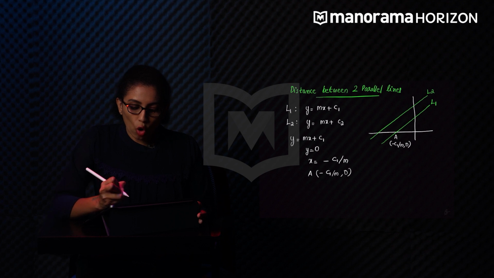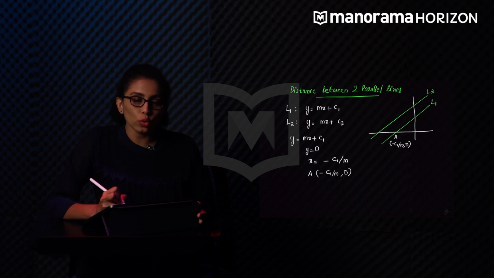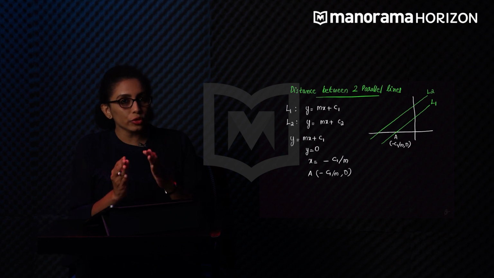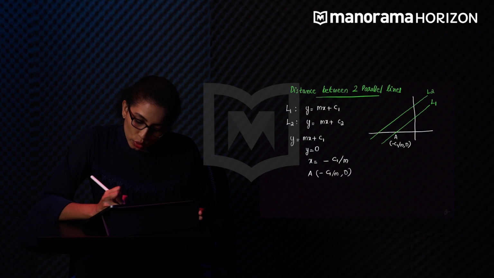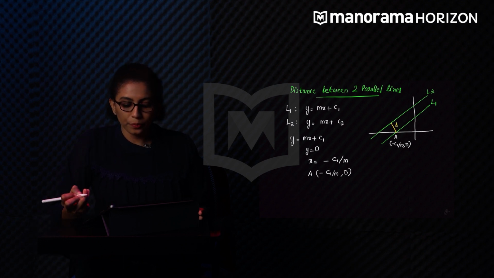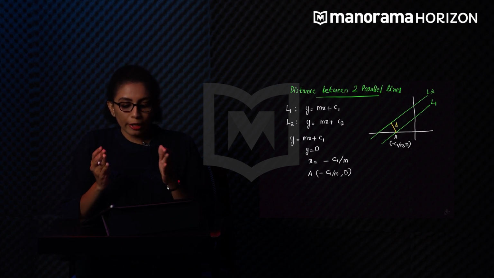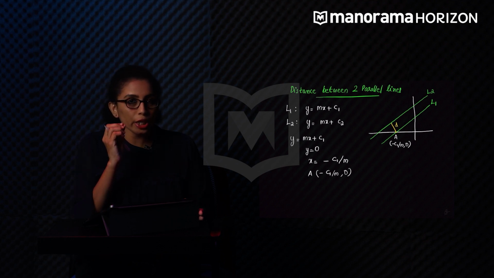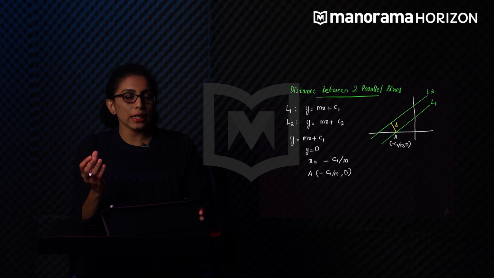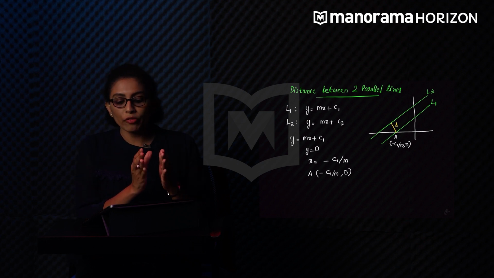Now join from this point A to L2. That means we have to draw a perpendicular from the point A to L2, such that it is perpendicular, right? Let this distance be D. Now if we find this distance D from the point A to L2, we can find the distance between L1 and L2.